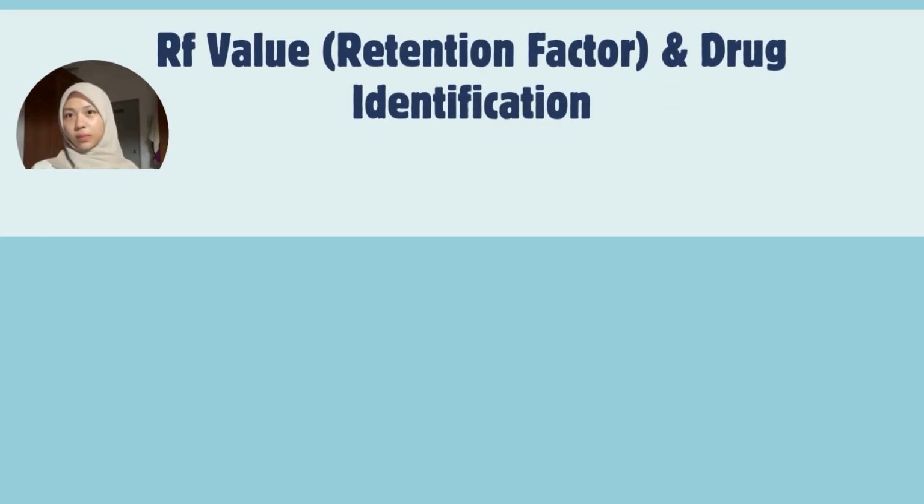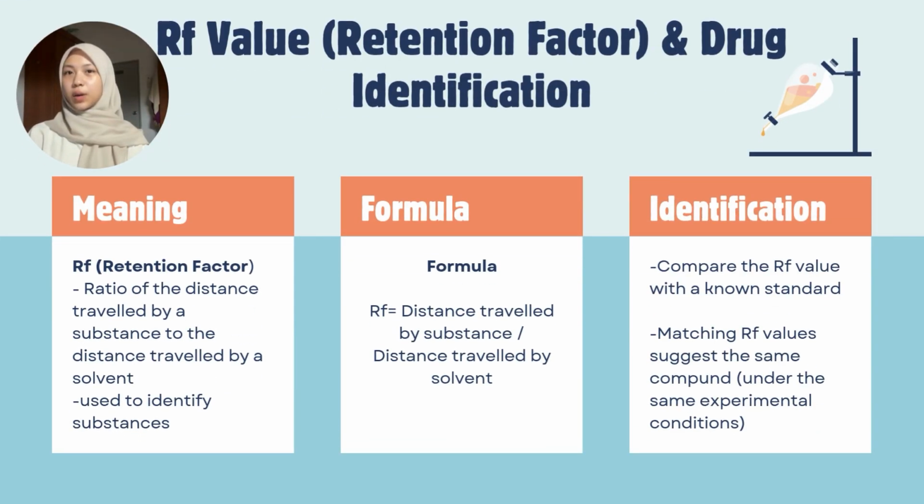Thank you. Next, I will explain the RF value, also known as the retention factor. The RF value is the ratio of the distance traveled by a substance to the distance traveled by the solvent during chromatography. It is an important value because it helps us identify different compounds after they have been separated on the chromatography plate.